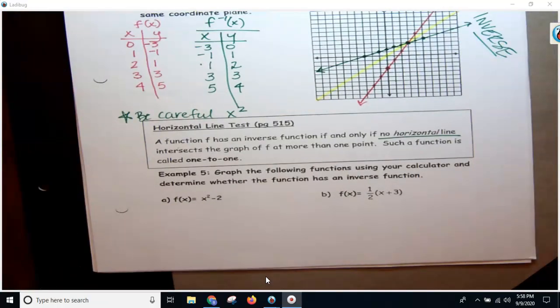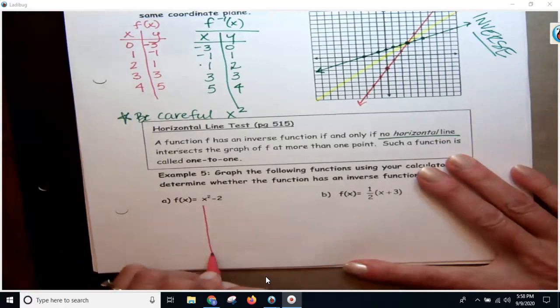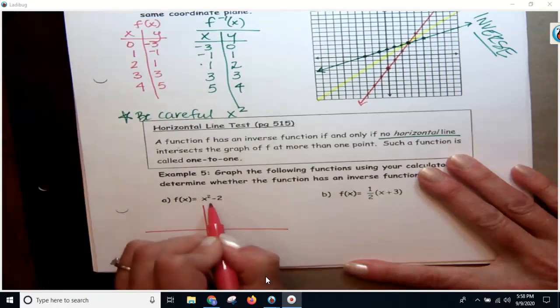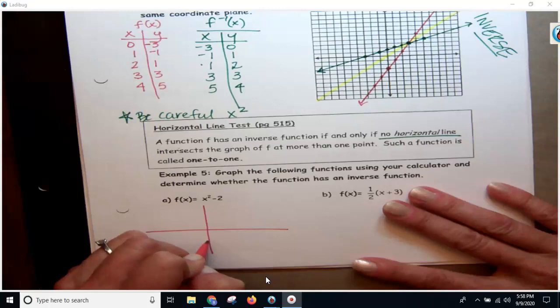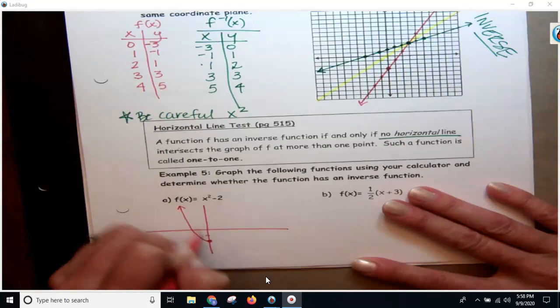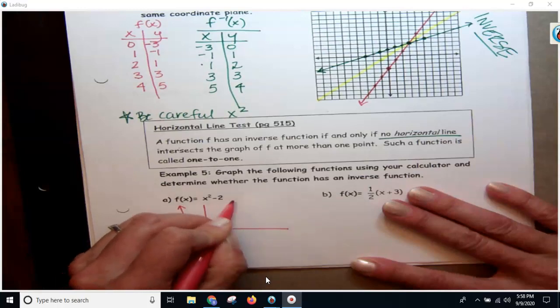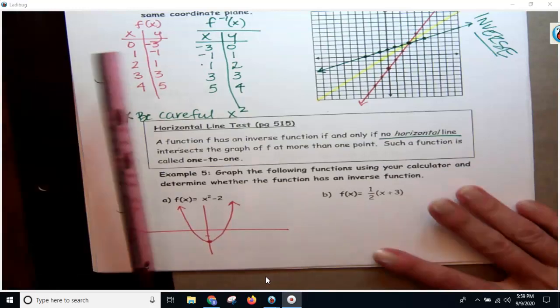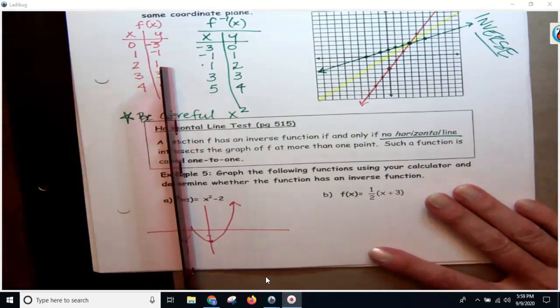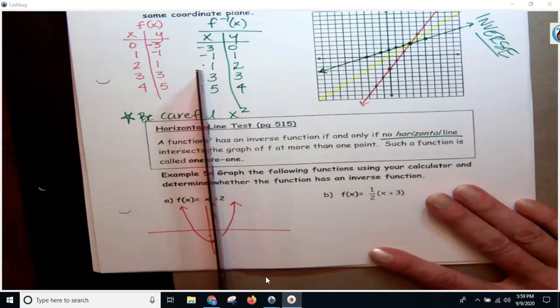But let's just draw a quick sketch because I want to show you. If I was going to sketch this graph, it's going to be a parabola that is brought down to 1, 2. It's going to look about like this. So I know that this is a function. Y is a function of x because my vertical line test is satisfied when I do this.